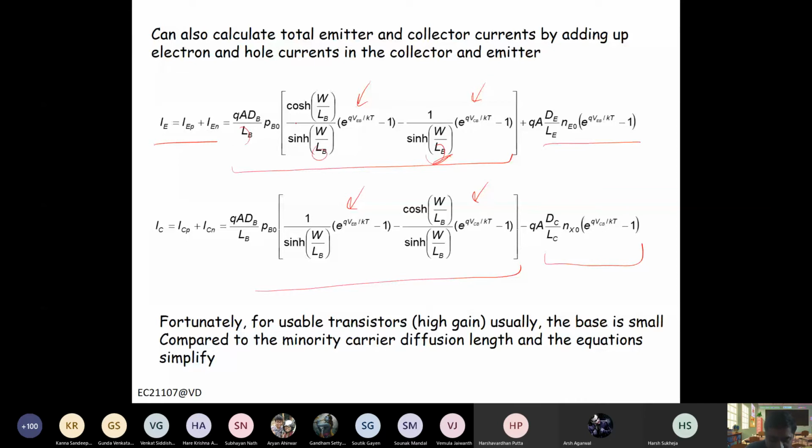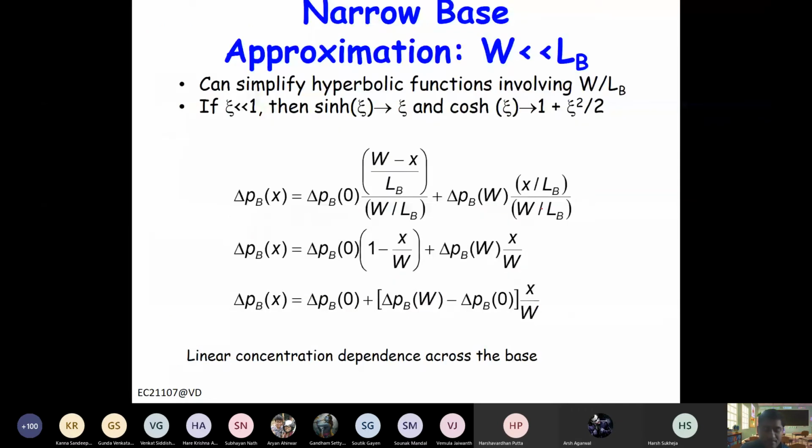Same thing here, W in the denominator, and this will become 1. And same thing here, you will have W in the denominator. So you can simplify: sine hyperbolic x is x, cos hyperbolic x is 1 plus x square by 2. If you take only the first term, it is basically 1.